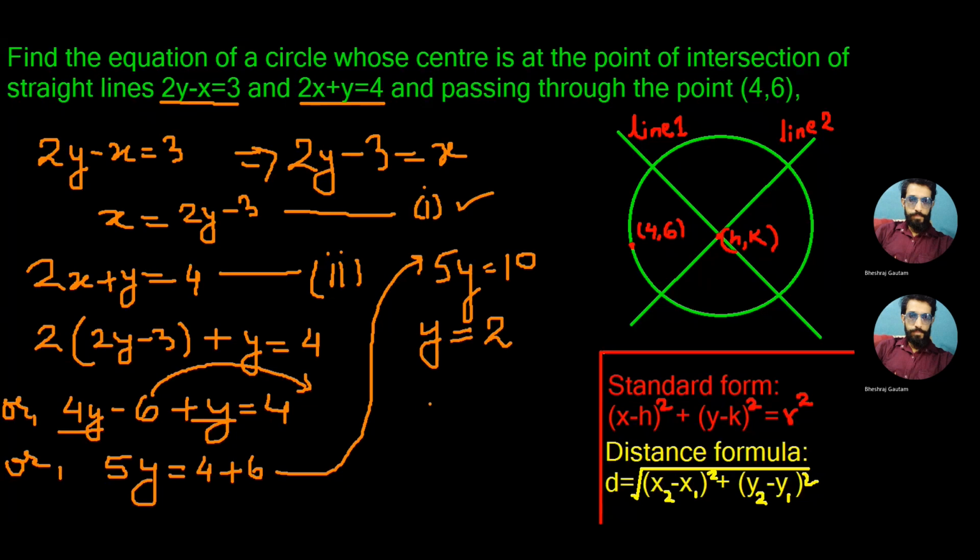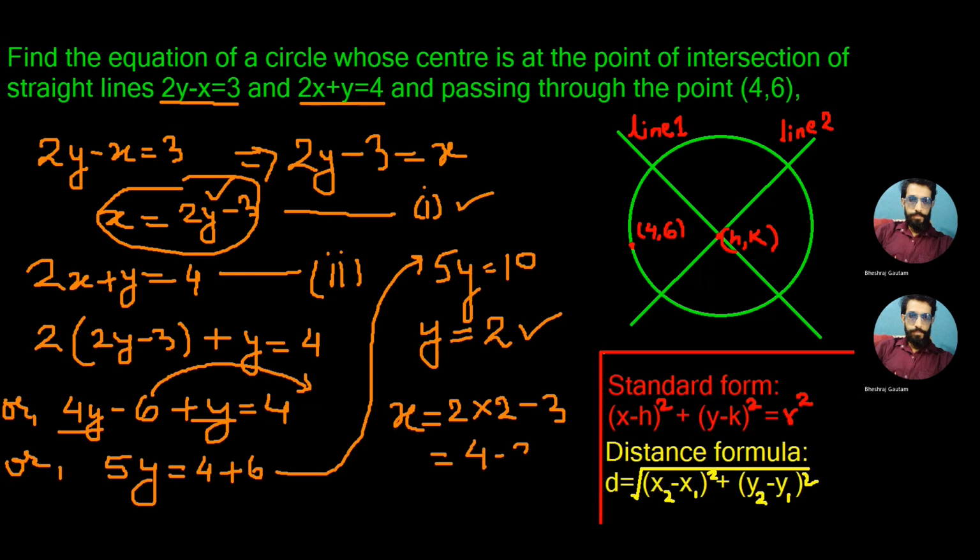Now, once again, putting the value of y in equation number 1, we get x is equal to 2 into, now in place of y, we write 2 that we have got from here, minus 3 is equal to 4 minus 3. Therefore, x is equal to 1.